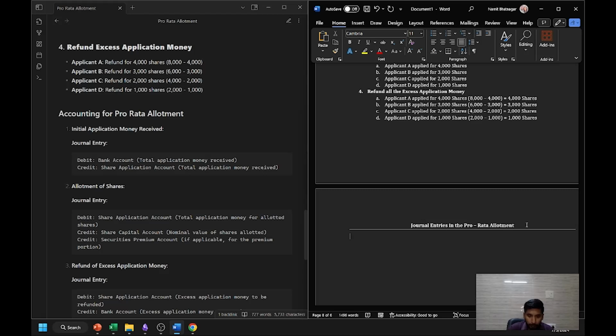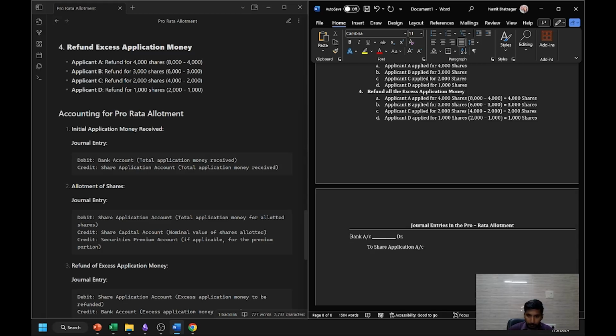First of all, the first entry is bank account debit to share application.